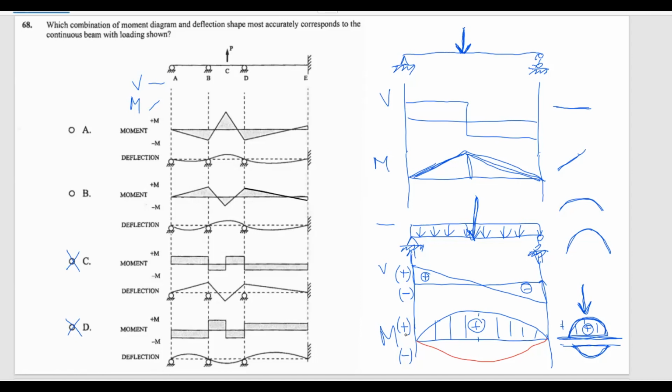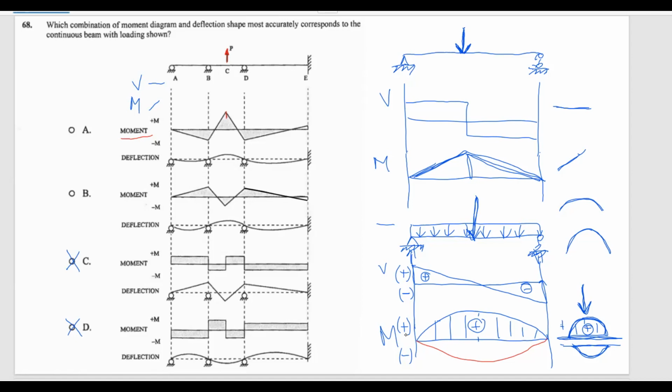We have A and B. Let's look at A. So first I'm going to look at the moment diagram, and I'm looking at the load. The load is pointing out. I know that the moment diagram has to be in the opposite direction. So this option A has the moment diagram drawn in the same direction.